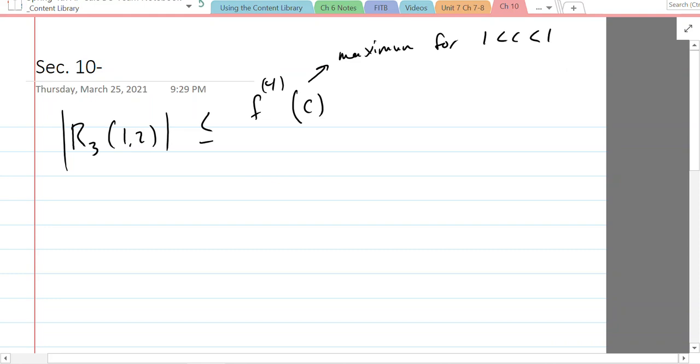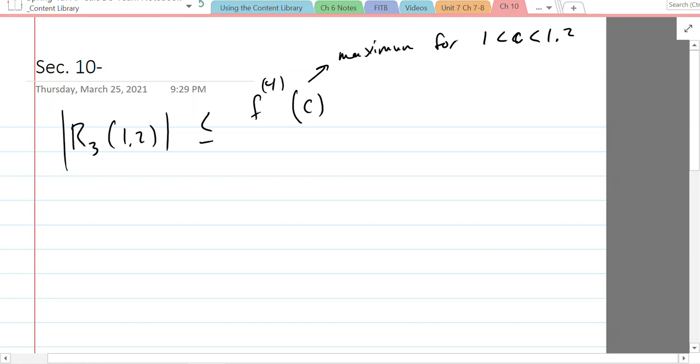On the other hand, it could have been the interval from 0.8 to 1 instead.